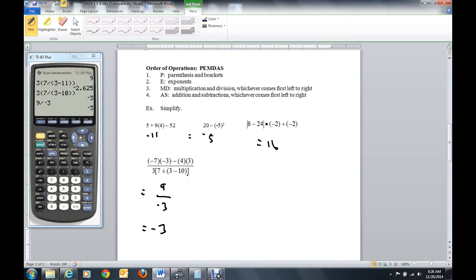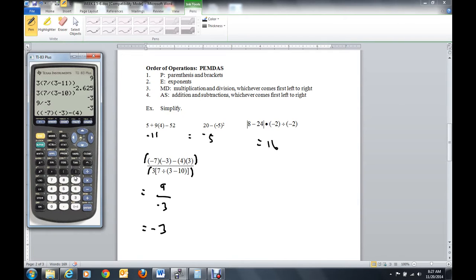Now if I did want to type it in all at once, I would put an extra parentheses around the numerator and an extra parentheses around the denominator. So if you want to do it all at once, let's go and do that right quickly. My arrow is off a little bit. And like I said, I'm just tapping it in the way it is.